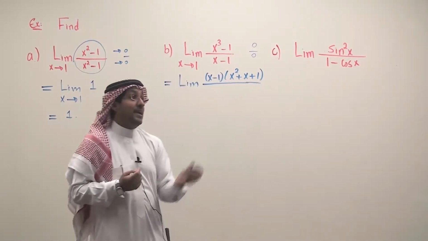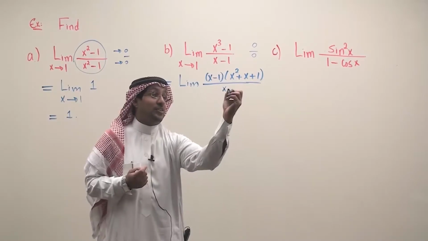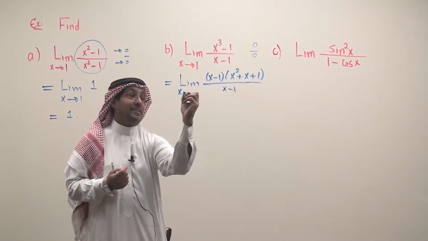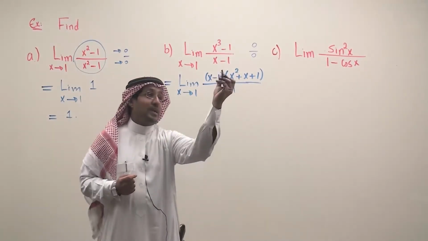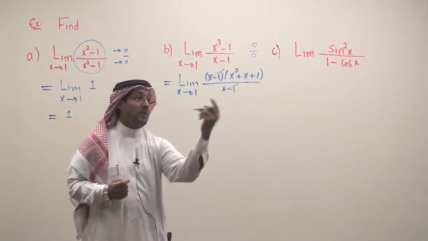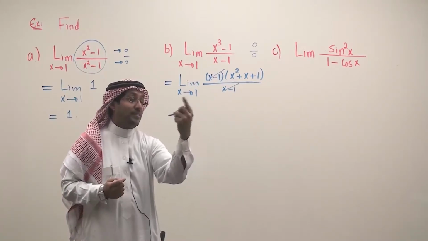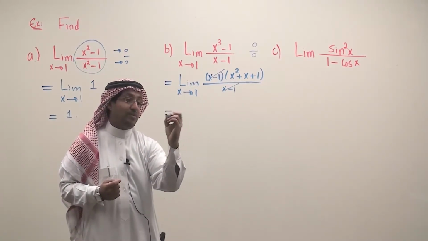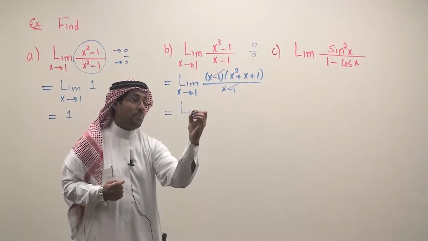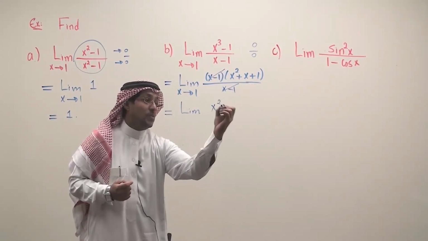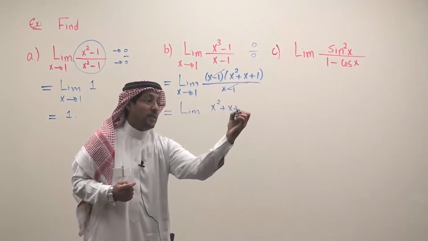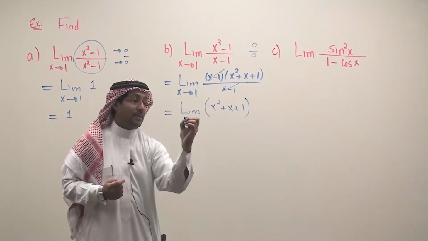All right. And the denominator is what? x minus 1. And here as x goes to 1, I can see that these two can cancel out because this is not 0 over 0; x is only getting to 1. So what is this limit? This is the limit of the leftover quantity, x squared plus x plus 1, as x goes to 1.